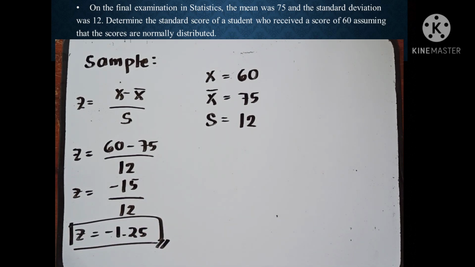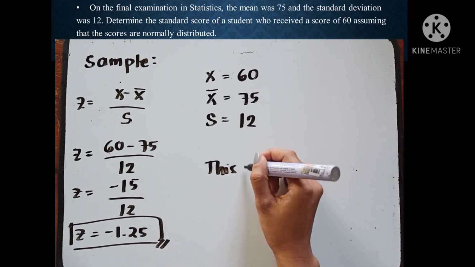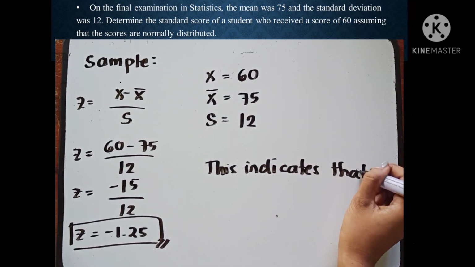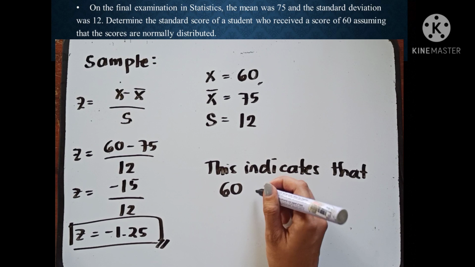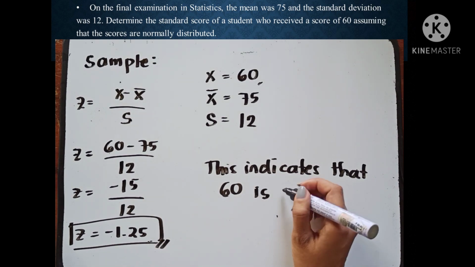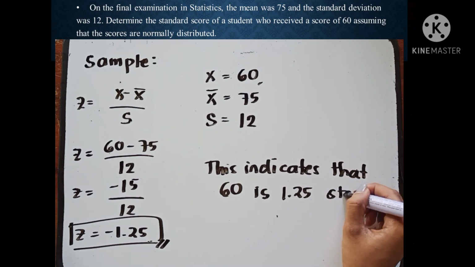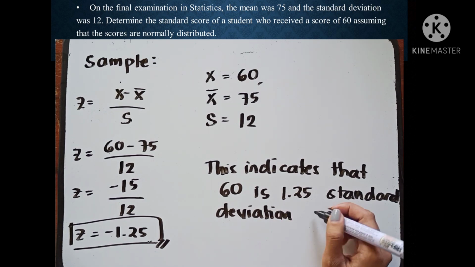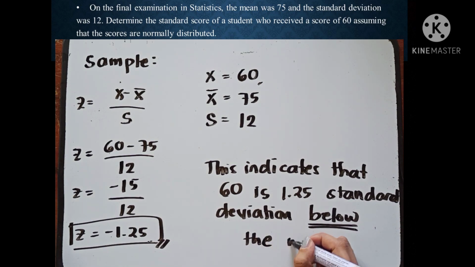So ano tong z is equal to negative 1.25? This indicates that the 60, yung observed value natin, is 1.25 standard deviations below the mean.